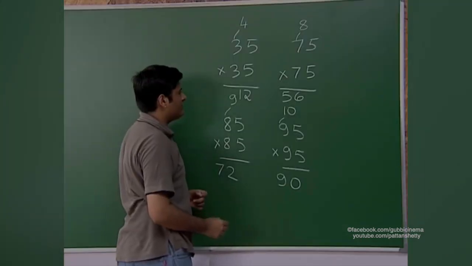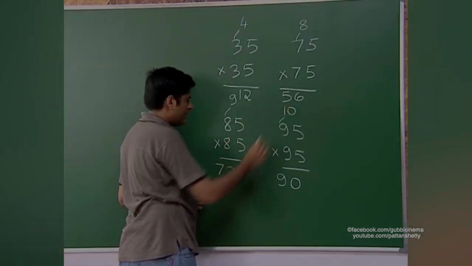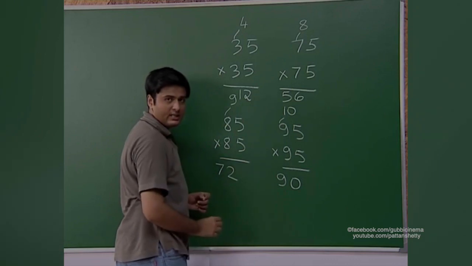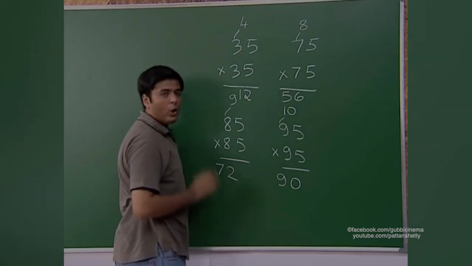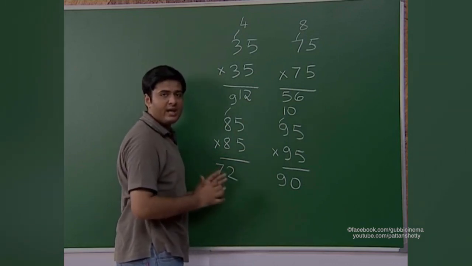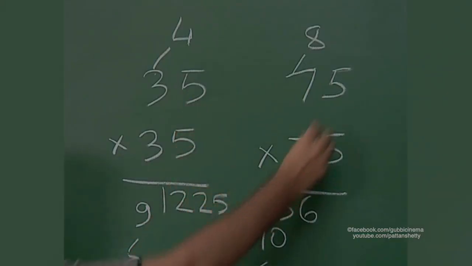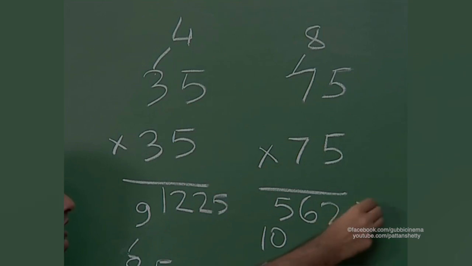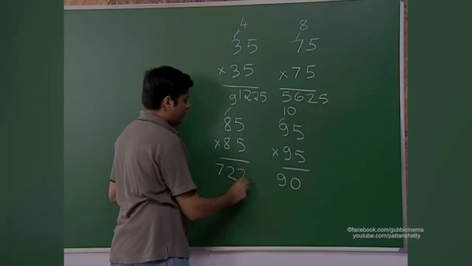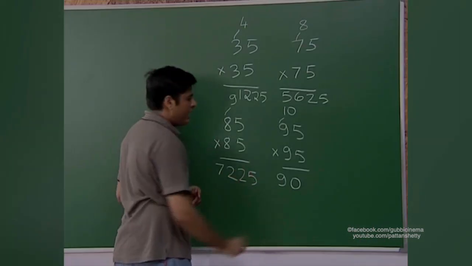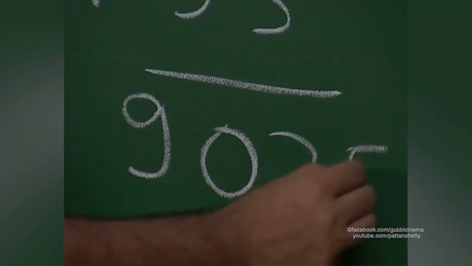So I have half my answer with me, 12, 56, 72 and 90. And then in the end we always put 25 behind each answer. 5 5s are 25. Here I have 7225 as my answer and here I have 9025 as my answer.